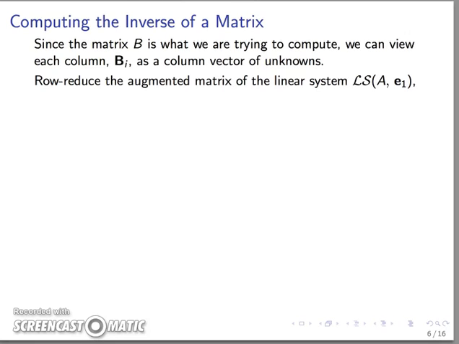So we can think of these problems as involving the matrix A as a matrix of coefficients and the column vectors of the identity matrix, the standard unit vectors, as the vectors of constants, in the type of problem that we're familiar with, where we use row reduction to compute the solution set of a linear system.